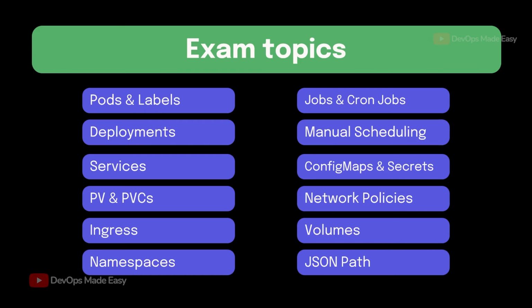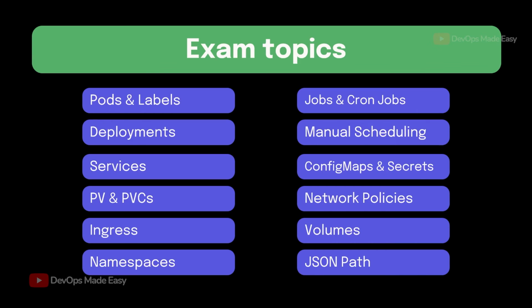And coming to the exam topics that are going to be tested, they'll ask you to create some pods and also add labels to the existing pods, how to create the deployments, services, PVs, PVCs, ingress resources, namespaces, jobs and cron jobs, manual scheduling, like through nodes, node names, node selector, taints and tolerations, in some cases affinity also.